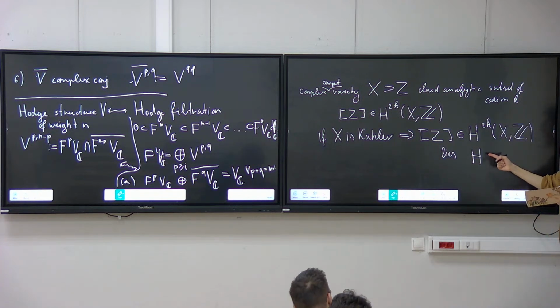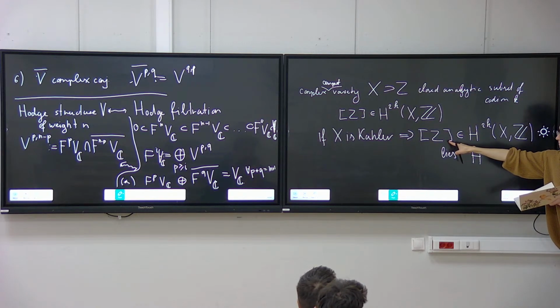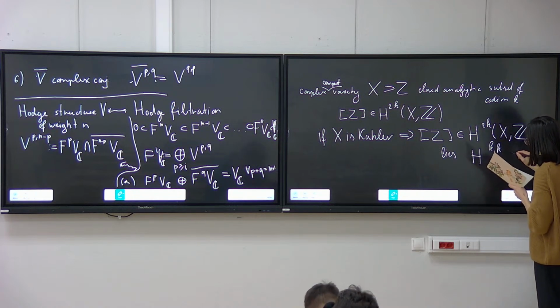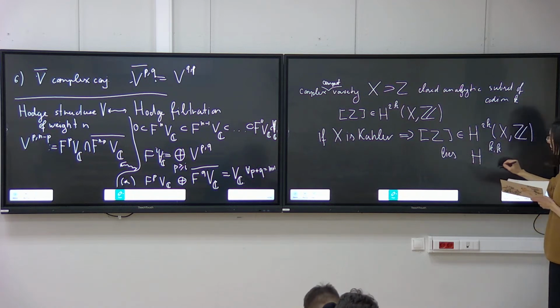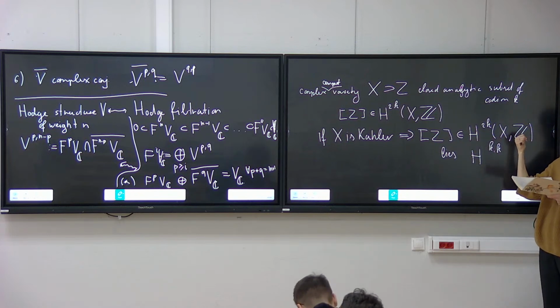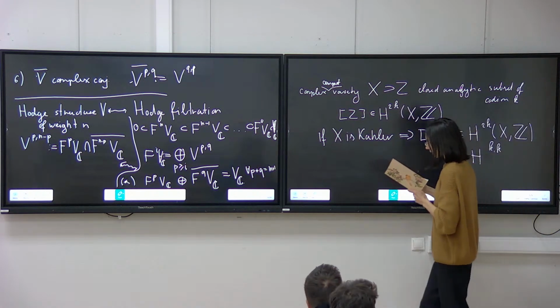Do you know? In what part of the Hodge decomposition will this live? H^{k,k}? It will always live in this part of the Hodge decomposition. So we just consider its image in complexification under an obvious embedding, and then its class always lies here.